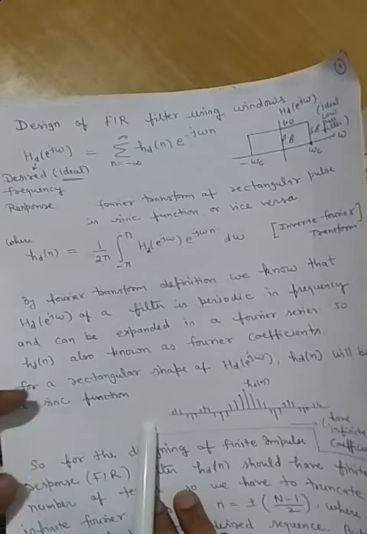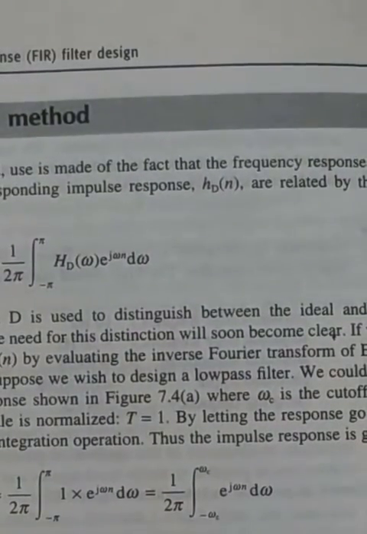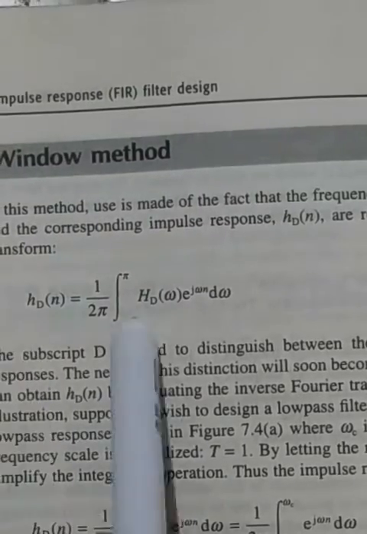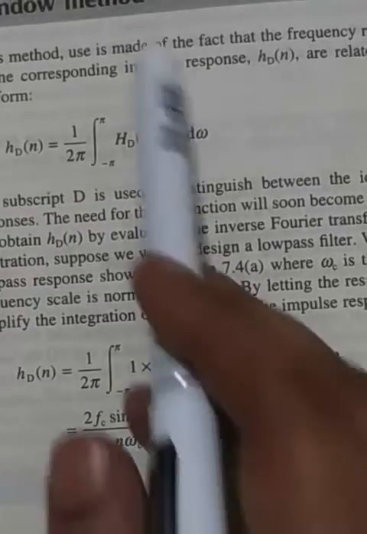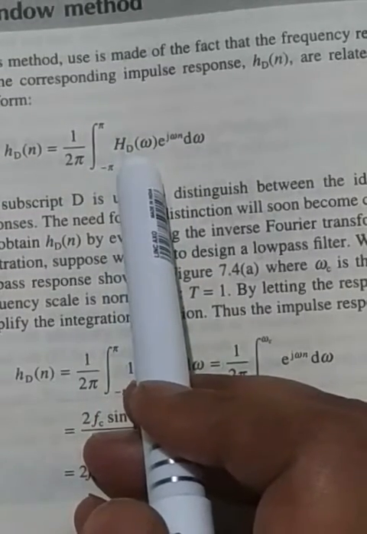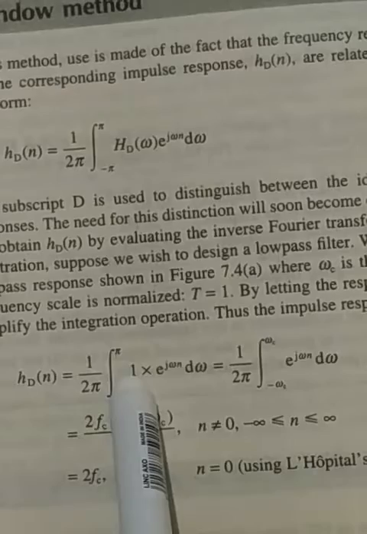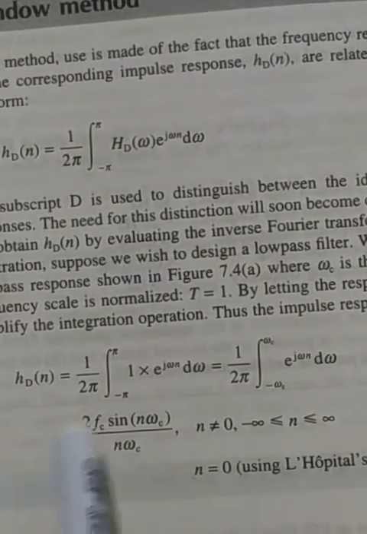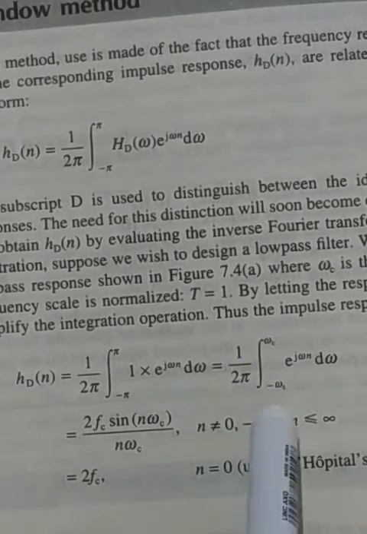Now, as can be seen in this formula, this is the formula for the inverse Fourier transform. Now, when you put the value of HD(omega), which is 1 in the pass band and 0 in the stop band, you will put the limit of omega as minus omega c to omega c.